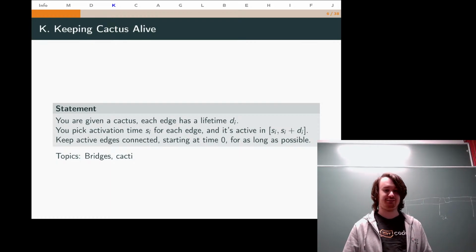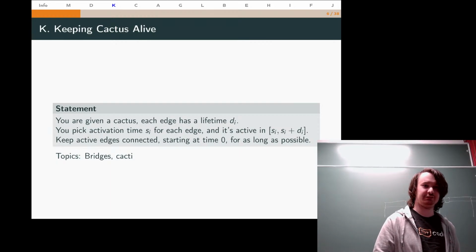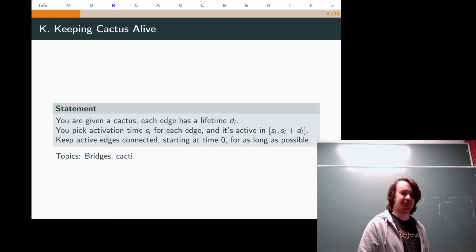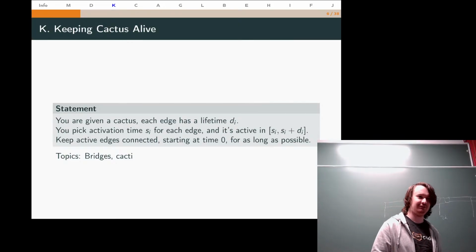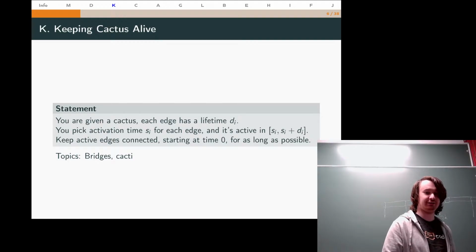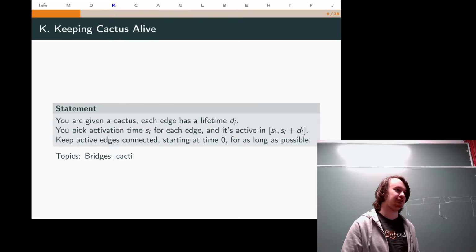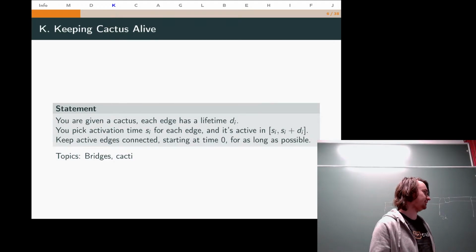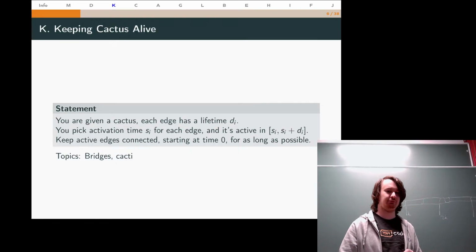The next problem is about a favorite topic of the Northeastern Eurasia regional contest of ICPC, some problems on cacti. So in this problem you are given a cactus, which is a graph in which every edge is contained in at most one simple cycle.